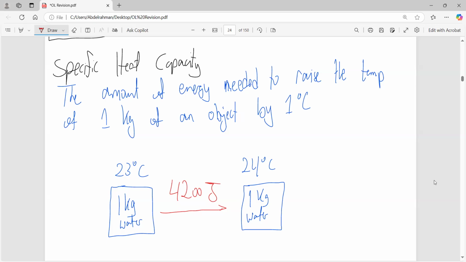The specific heat capacity of water being very high is a blessing, because it can keep its temperature for a very long time. As humans, we are made up of more than 70% water, and this water has a very high specific heat capacity.